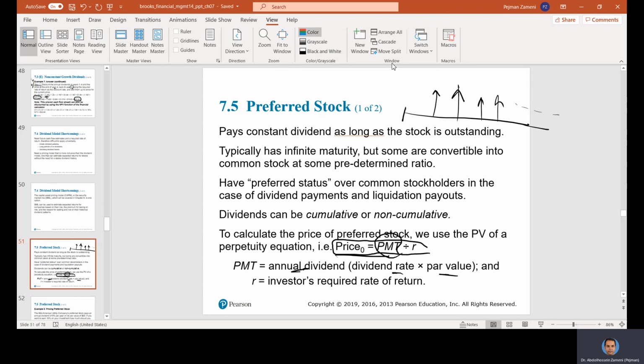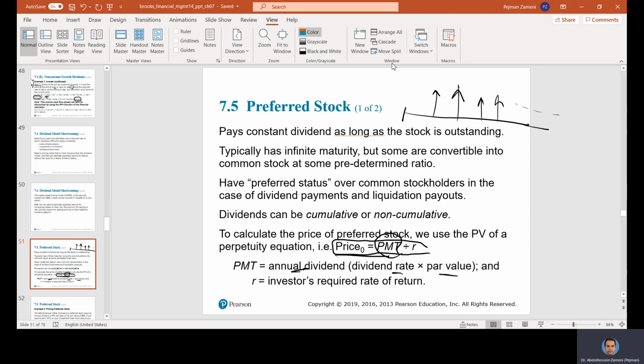It typically has infinite maturity, but some are convertible into common stock at some predetermined ratio, meaning you are given an option to convert it to common stock. Preferred stockholders have preferred status over common stockholders in the case of dividend payments and liquidation payouts. So if liquidation or bankruptcy happens, of course creditors, suppliers, and employees get paid first.